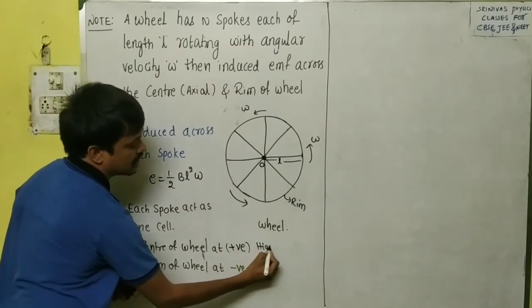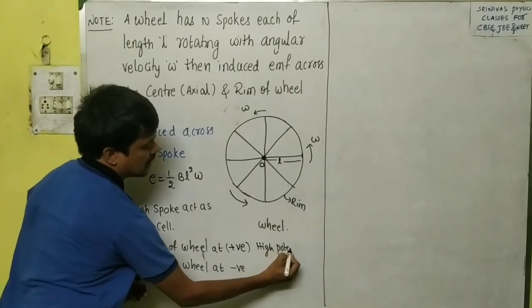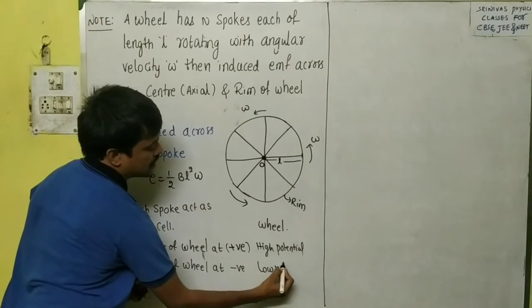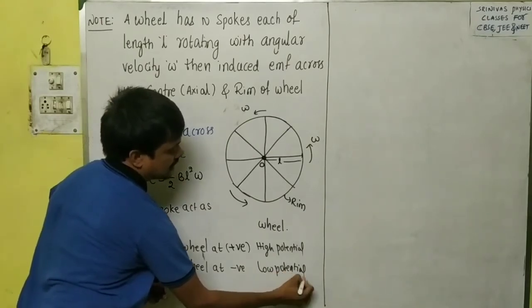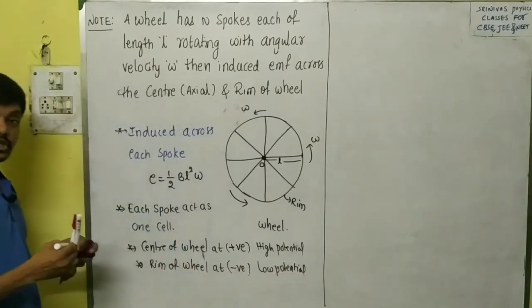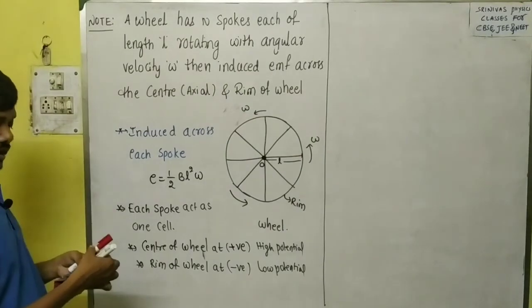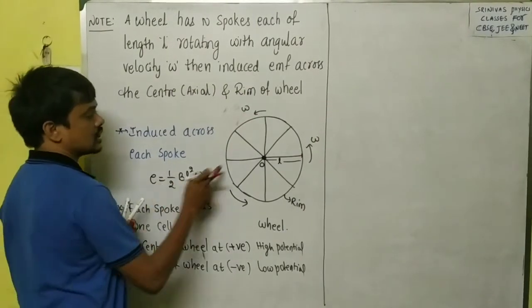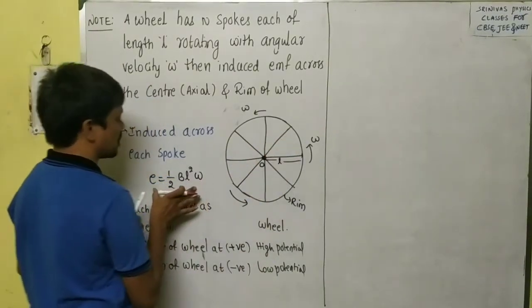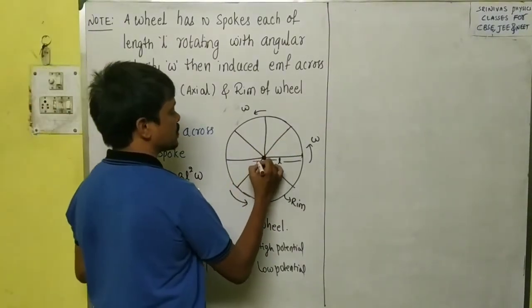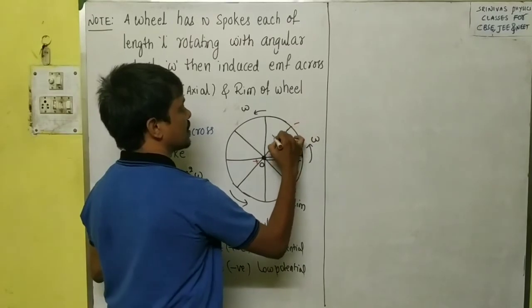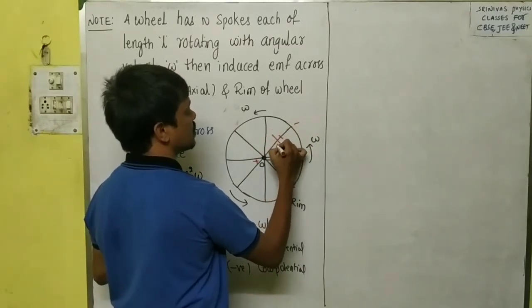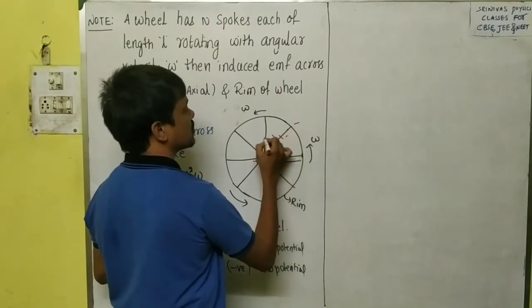High potential means positive, low potential means negative. Then each spoke will act as one cell, and across each spoke the induced EMF is half BL square omega. This is positive and this is negative. This acts as one cell with positive towards O and negative towards the rim.